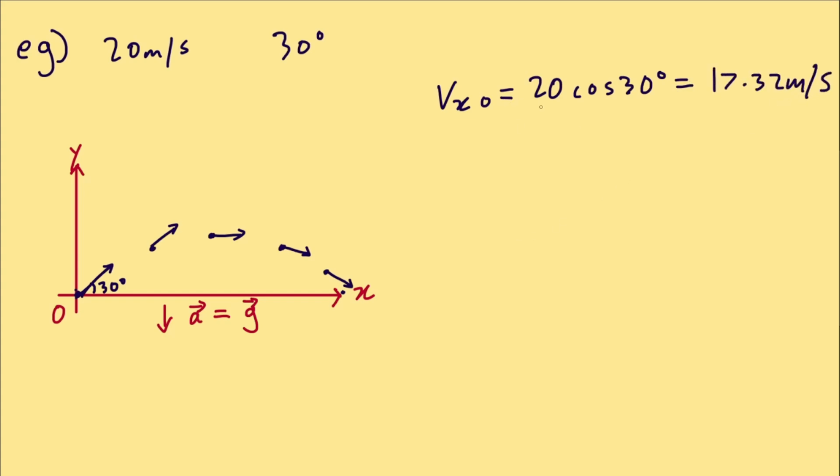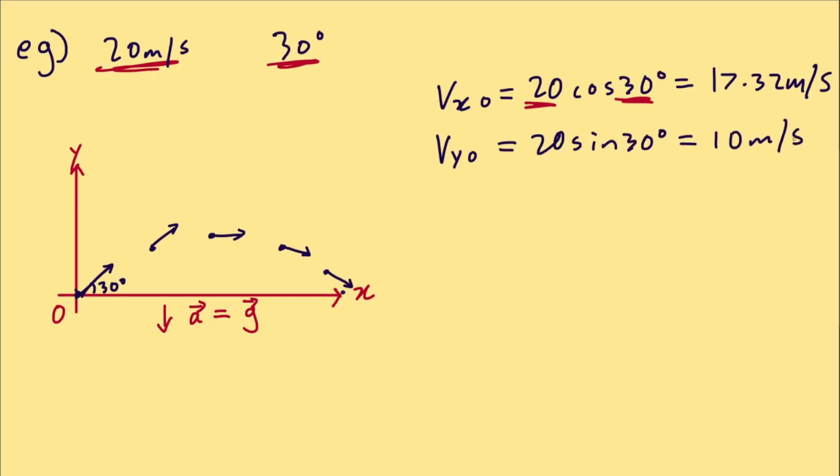If you're a bit confused, this is the initial velocity, 20 meters per second, and this is the angle at which it was kicked up at. Same with the initial vertical velocity, but with sine. This is 10 meters per second.